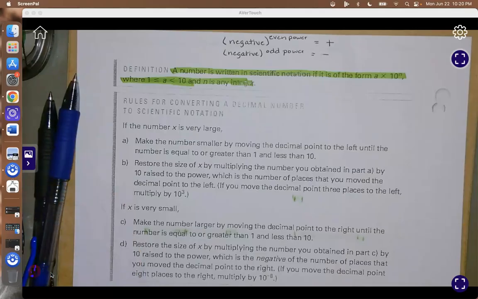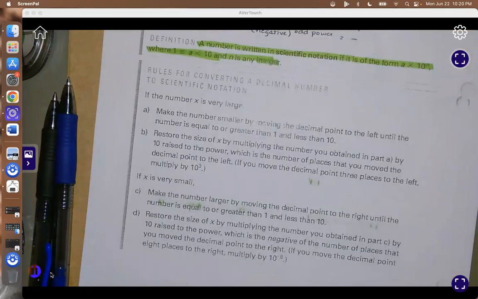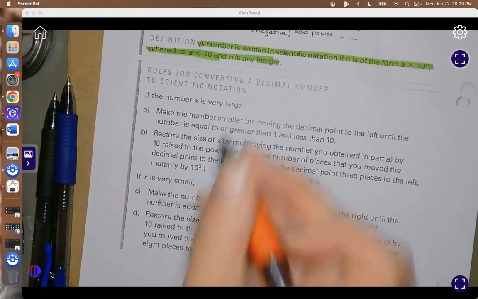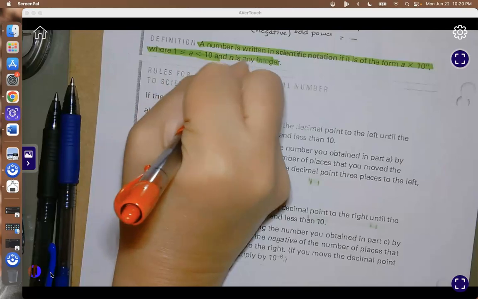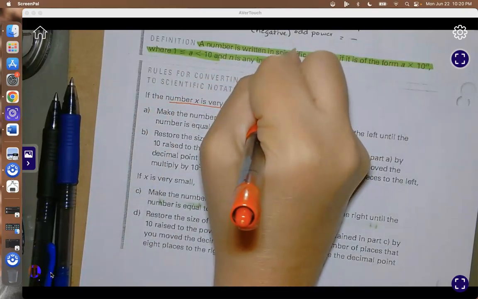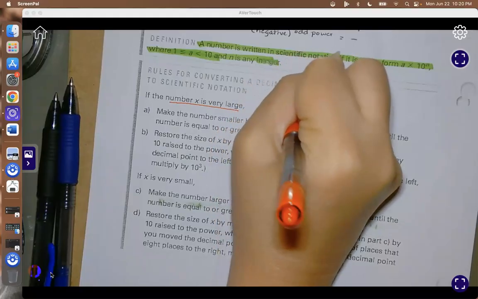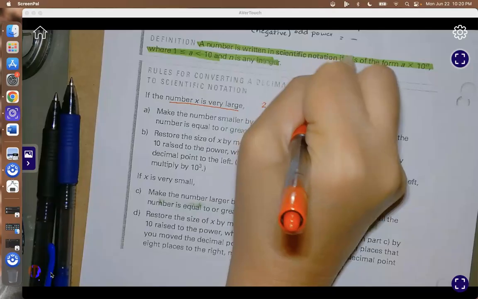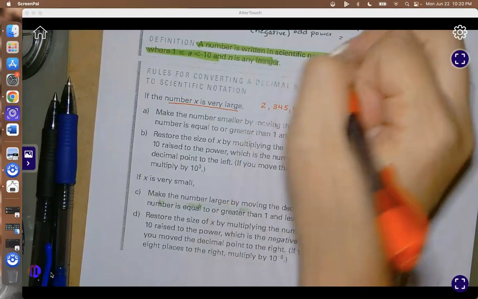So, if the number is very large, let's say the number is 2,345,678, and we want to put that in scientific notation.